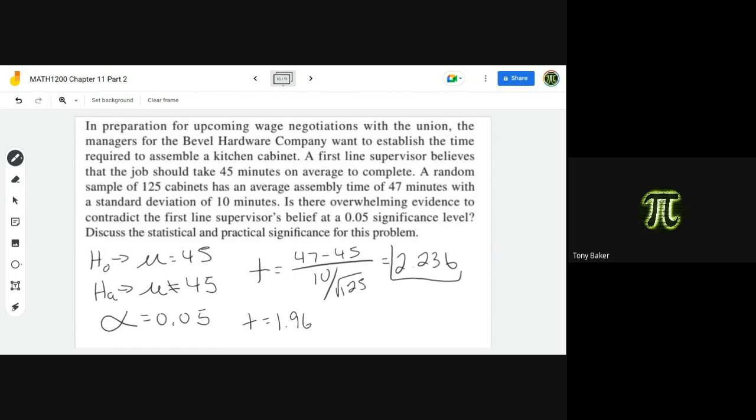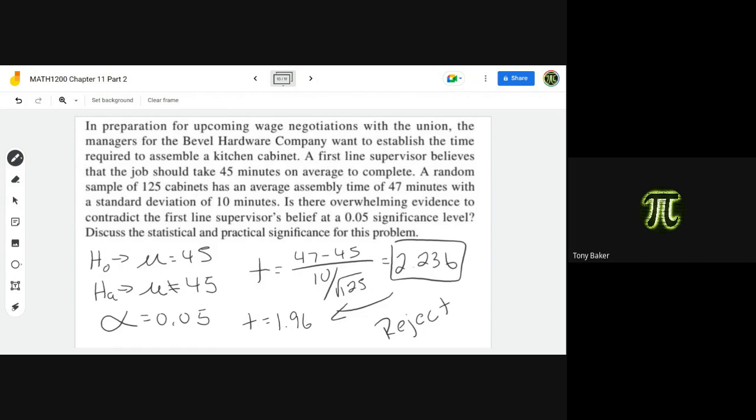The number that I have here is bigger than that, so I reject. All right, so the employees have determined that the job probably takes not 45 minutes. Based on the numbers they have there, it's probably a little more than 45 minutes.